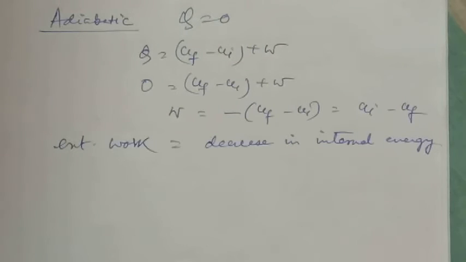For an adiabatic compression, W is negative. This means that work is done on the system by its surroundings.